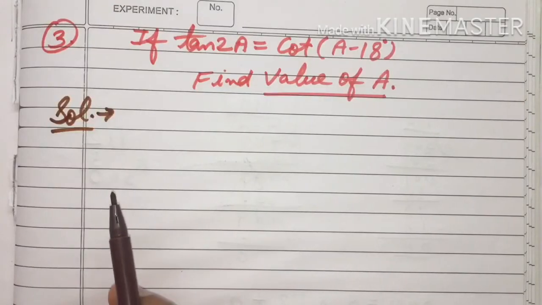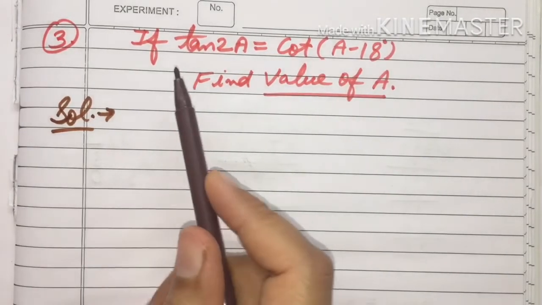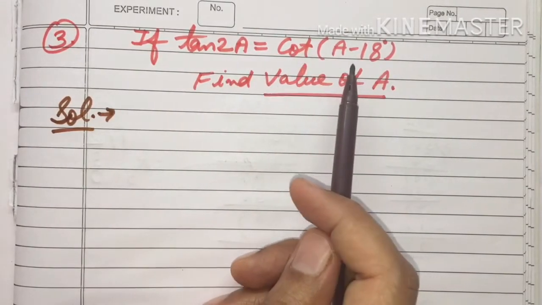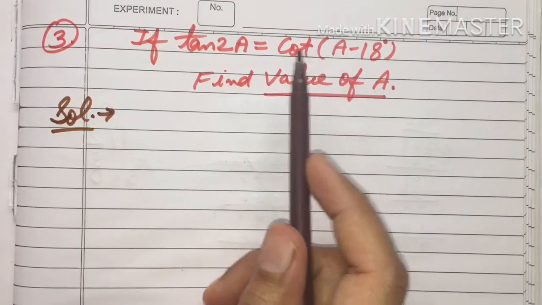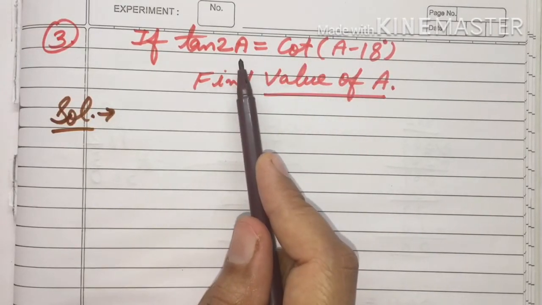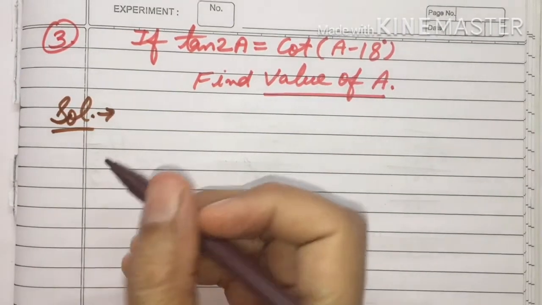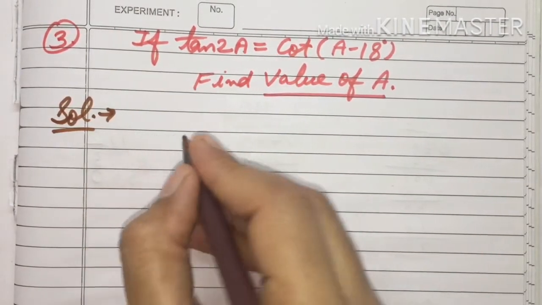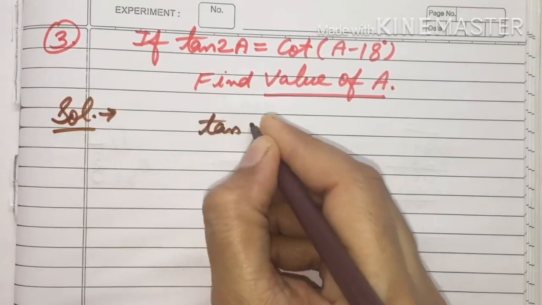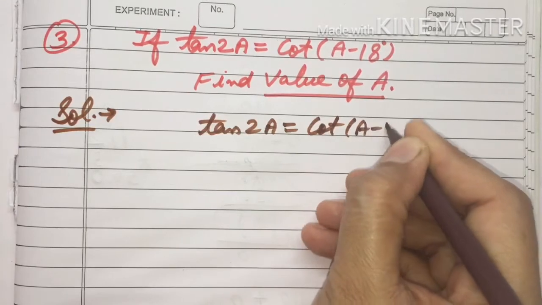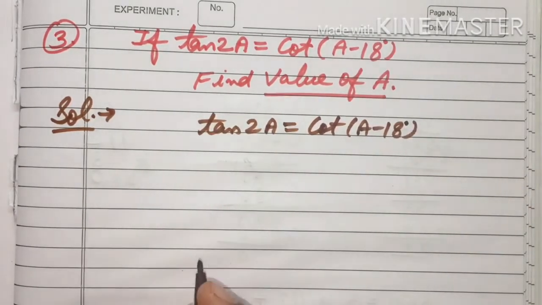Third question of exercise 8.3, it's given that tan 2A is equal to cot of A minus 18 degree, where 2A is an acute angle. We have to find the value of A. So let's do it. It's given in the question that tan 2A is equal to cot of A minus 18 degree.